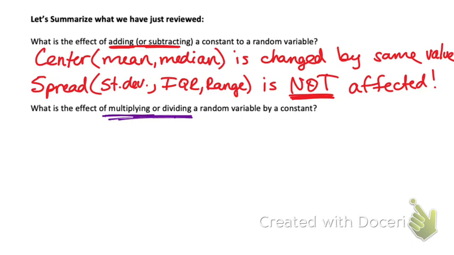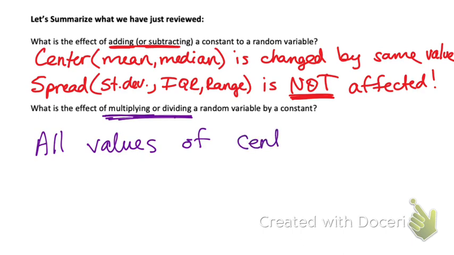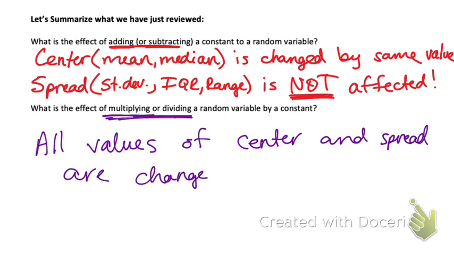Multiplying or dividing: all values of center and spread are changed by the same factor. If I multiply by 20, I'm going to multiply every measure of center and spread by 20.